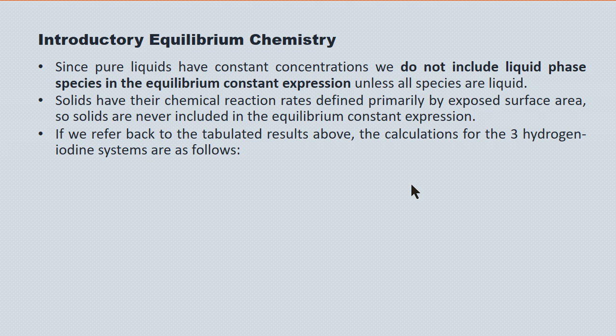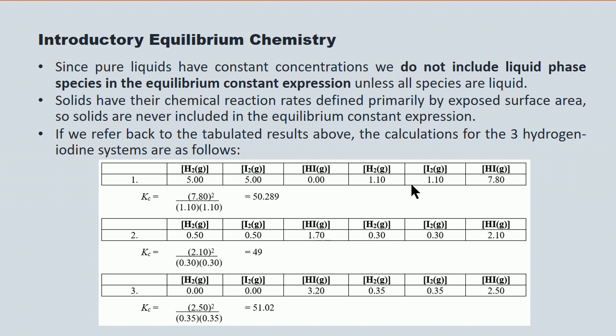If we go back to our tabulated results then, our 3 trials of the hydrogen iodine system, and we apply the Kc formula to those 3 trials at equilibrium, we get some interesting results. And here they are. So again, the last 3 columns are equilibrium concentrations.